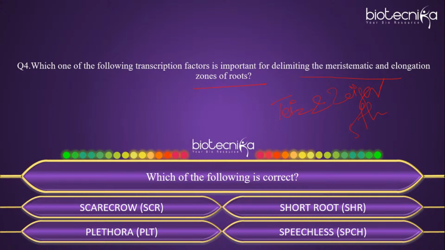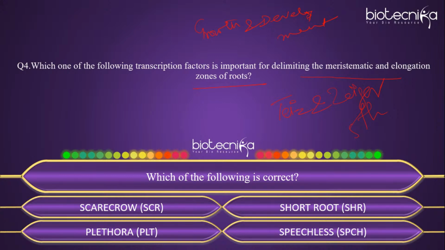So for plant embryogenesis, try to get hold of Taiz and Zeiger 5th edition, and the chapter there is Growth and Development. You'll not get the chapter name directly as plant embryogenesis.